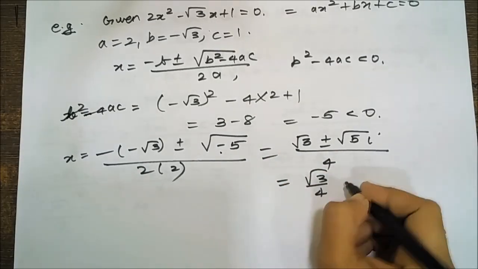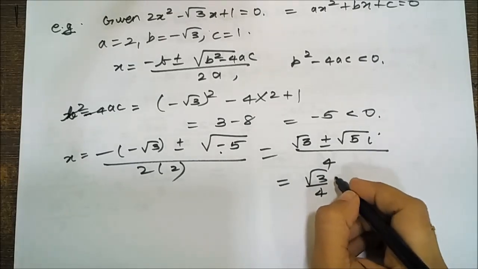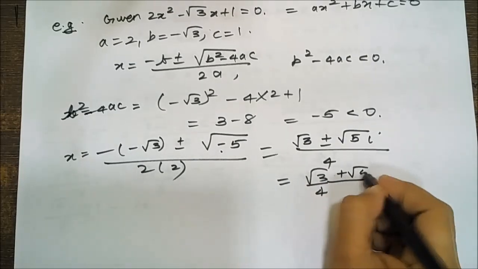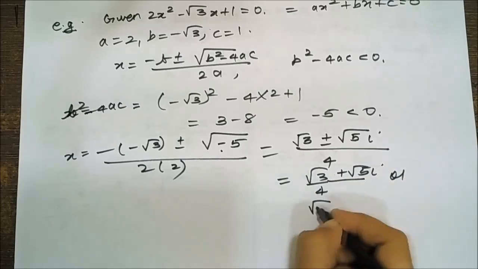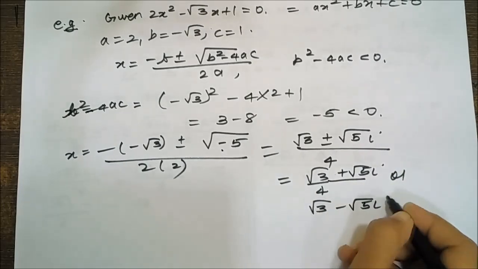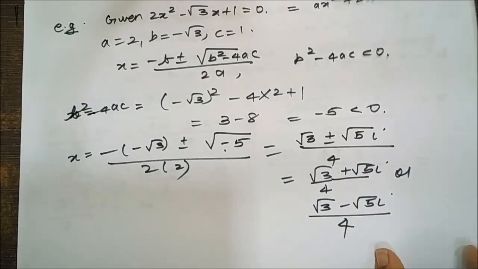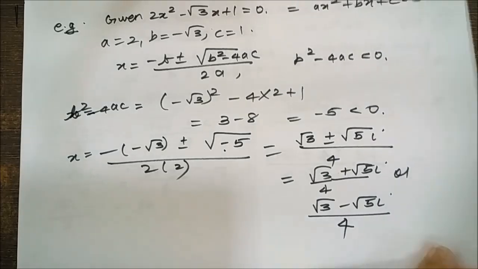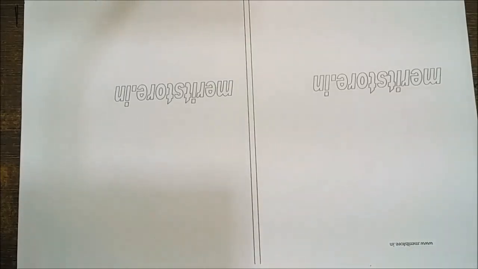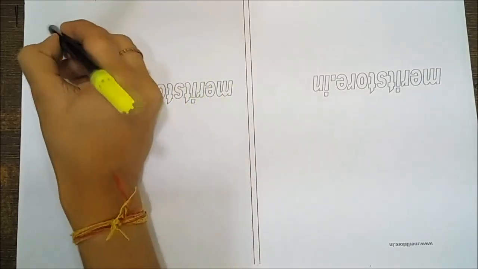So root 3 upon 4 plus root 5 i upon 4, and the other with minus. These are the two values.